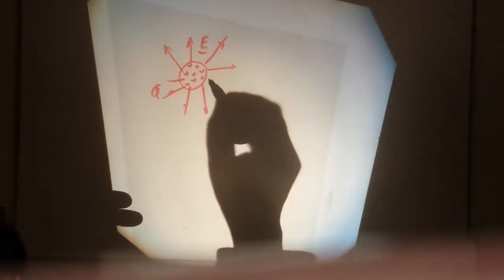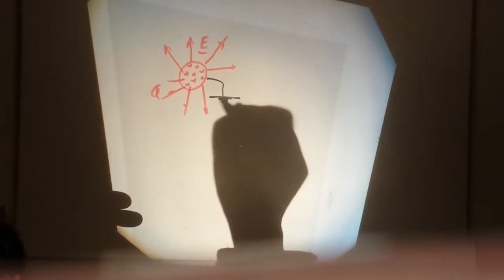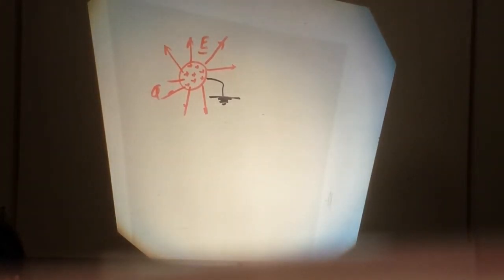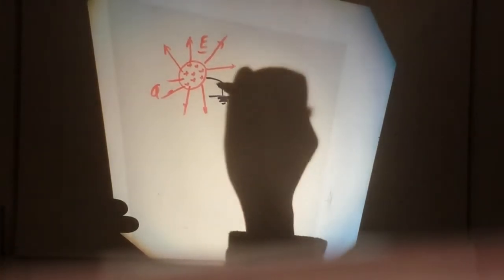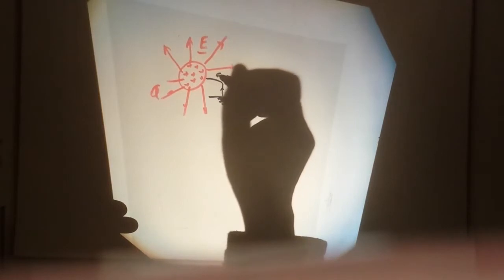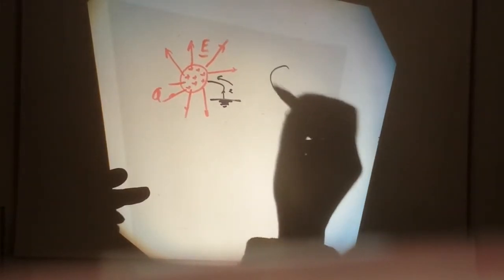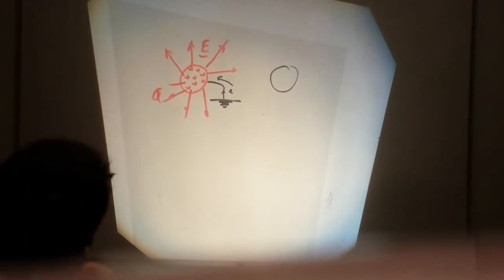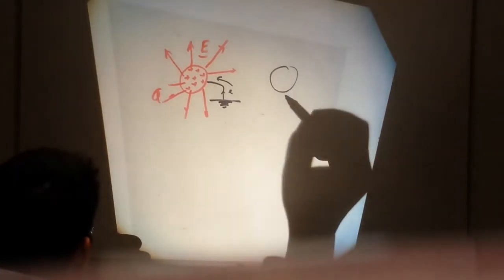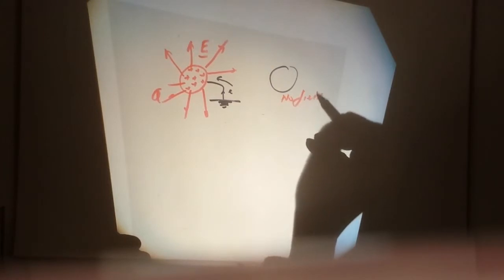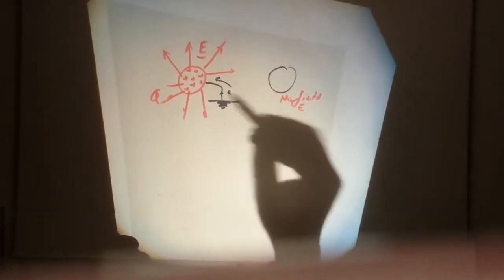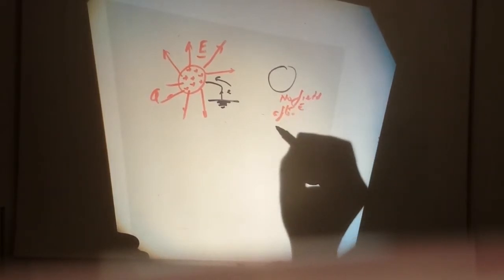But if you allow it to be grounded, the potential of this thing drops, potential goes to zero. The electrons from the earth will fly off and neutralize this. So therefore the ball becomes neutral, no more field. If you neutralize the charges, there is no more field. So here, no field. After grounded.